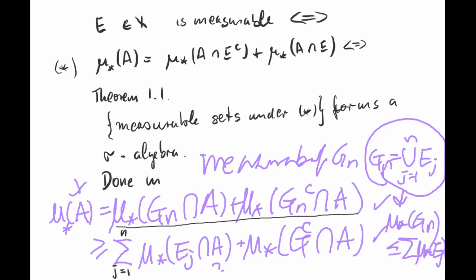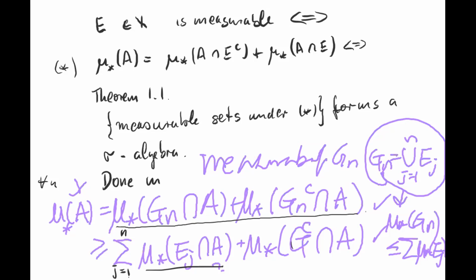We have for every N, mu star of A is greater than or equal to the summation from J equals 1 to N of this thing plus mu star of G complement intersected A. And that's true for any N, right? It's true for any N.